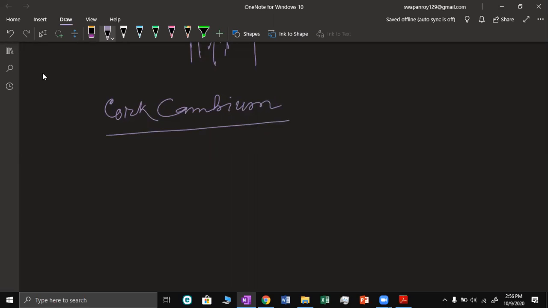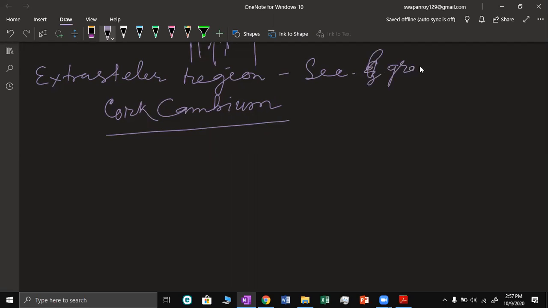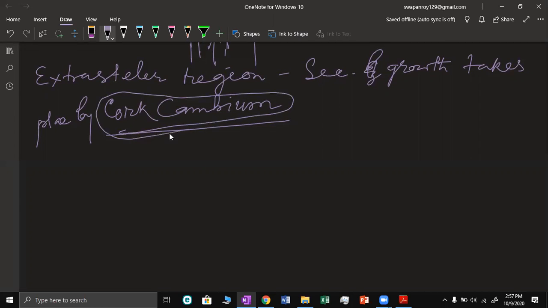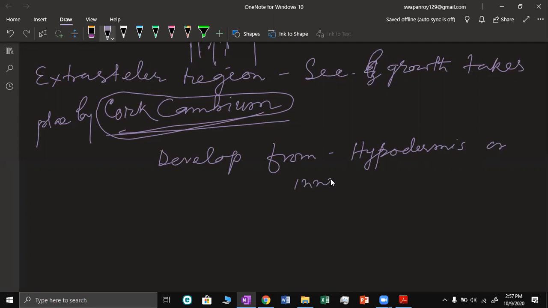So in the extrastelar region, secondary growth takes place by the activity of cork cambium, and this cork cambium develops from either the hypodermis or the inner layer of the cortex.